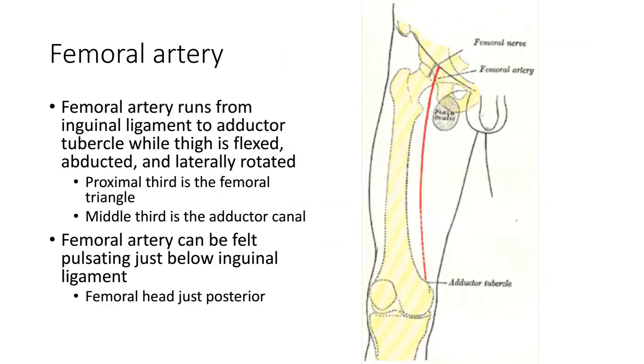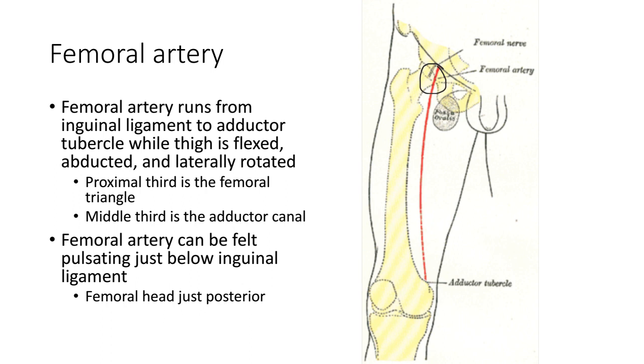The femoral artery runs from the inguinal ligament to the adductor tubercle while the thigh is flexed, abducted, and laterally rotated. So you can kind of follow the path of that femoral artery. The proximal third is in the femoral triangle, and the middle third is in the adductor canal. The femoral artery can be felt pulsating just below that inguinal ligament.